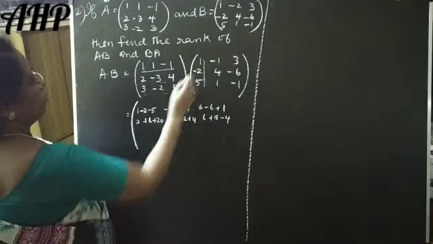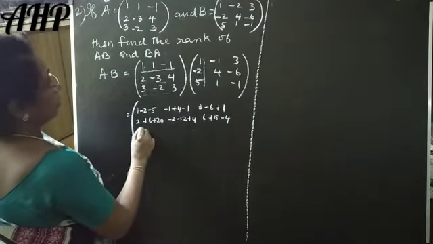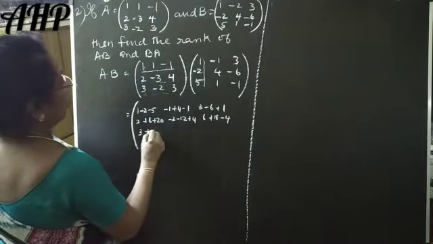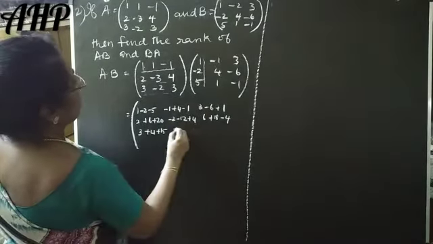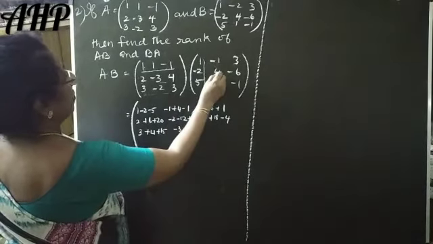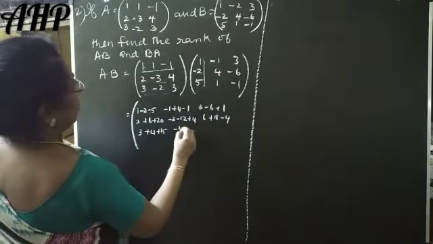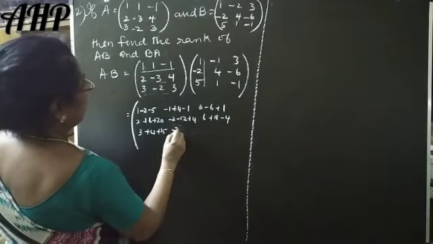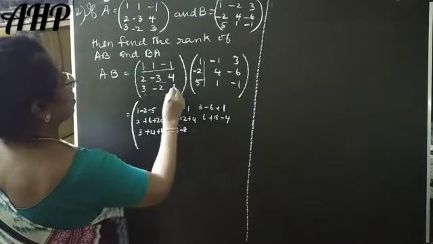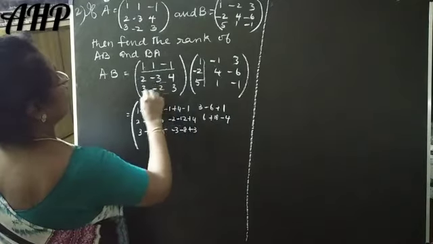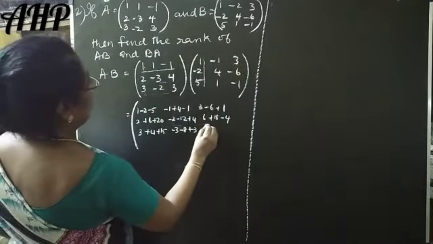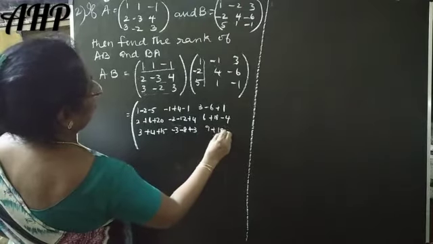Then third row with first column 3 plus 4 plus 15, then minus 3 minus 8, minus 3 minus 8 plus 3, then this with this 3 into 3, 9 plus 12 minus 3.